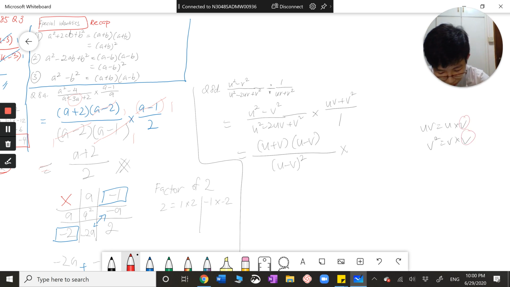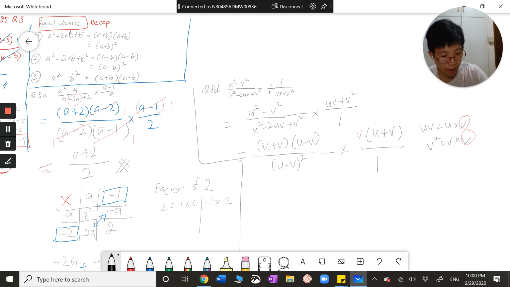So I pull out v as a common factor, and the factors that are not common, I'll just write it back. So v times u gives me uv plus v. So my factorized form will be v as a common factor pulled out, and after that I'm left with u plus v over 1.